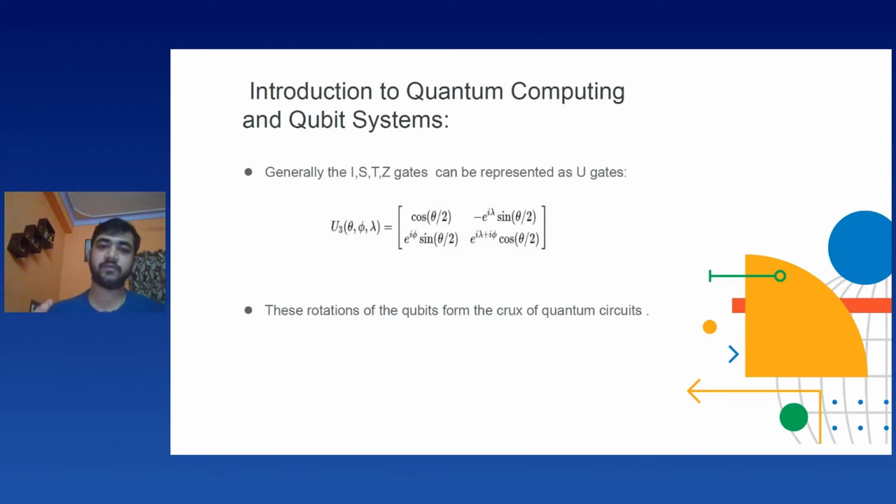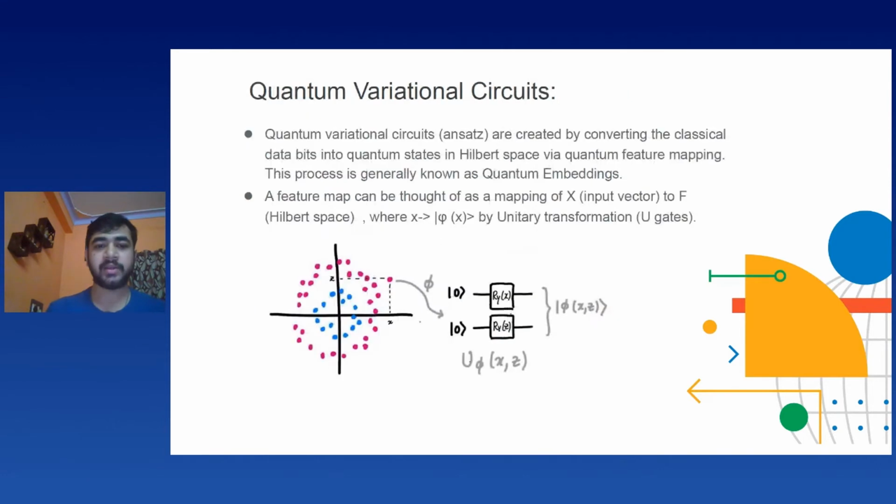So these kinds of analogies and circuit variations are quite popular when we try to design different circuits. And yeah, now the next part is about quantum variational circuits. Now, before we move into quantum variational circuits, it is interesting to understand something.